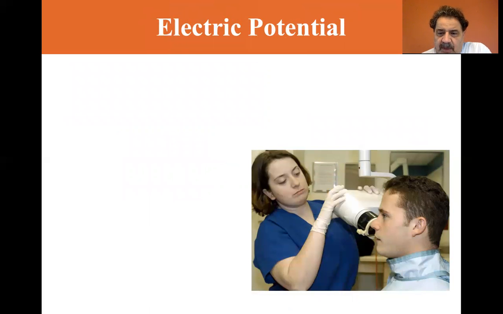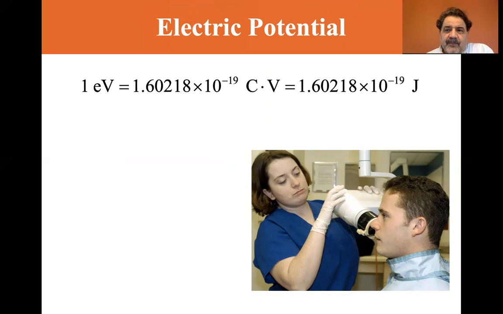Now here we show what looks like a dental technician taking an X-ray of someone's mouth, and the energy coming out of the X-ray is expressed in electron volts. 1 electron volt is equal to 1.6 times 10 to the minus 19 coulombs times volts.